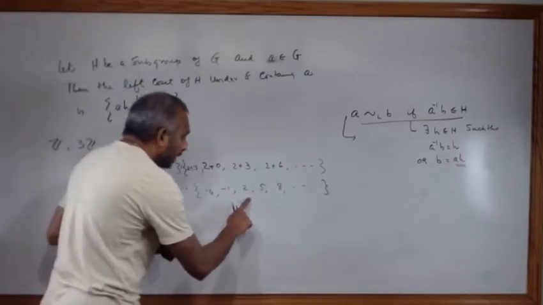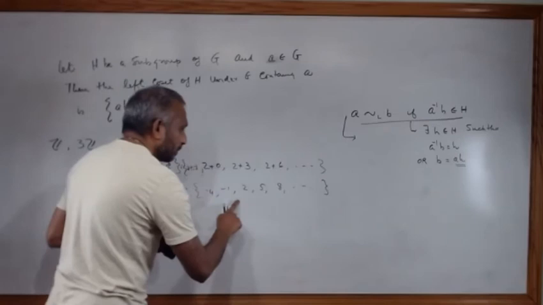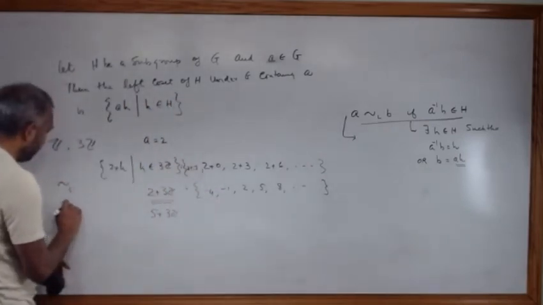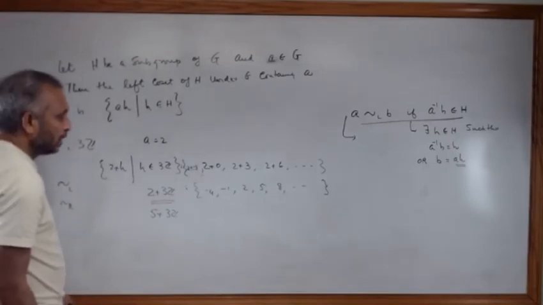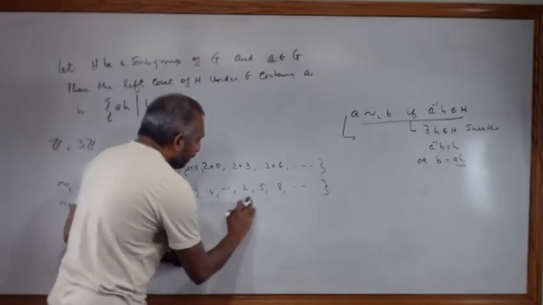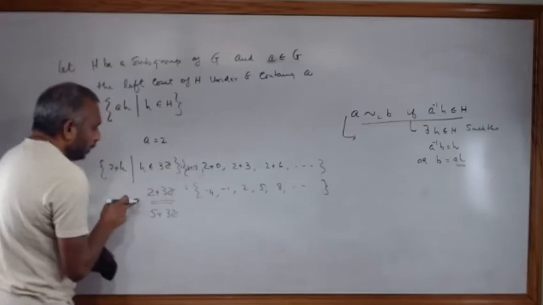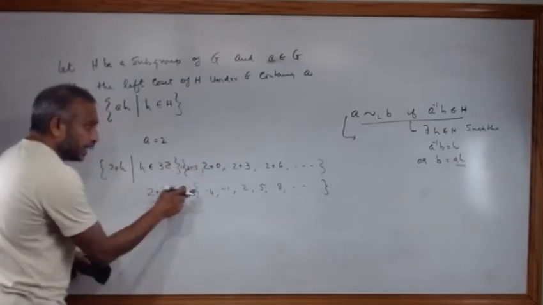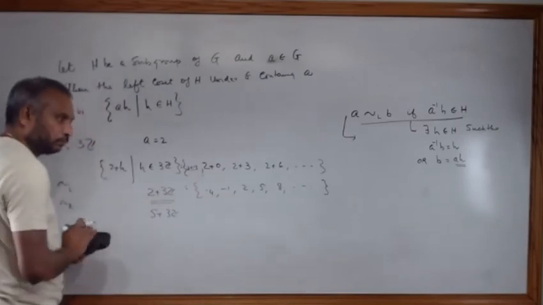Here all these elements are related to each other using the left or right relations. So if you take any element from here, the cosets containing that element are the same.